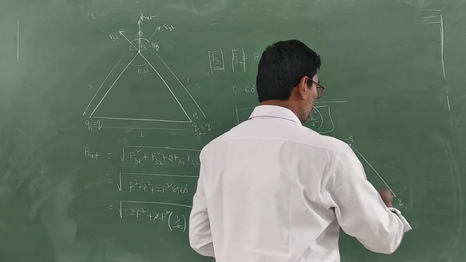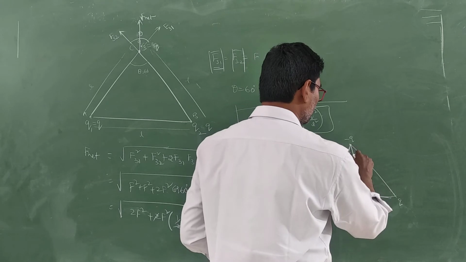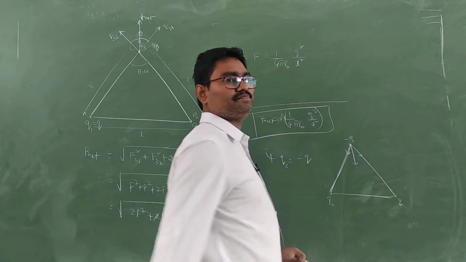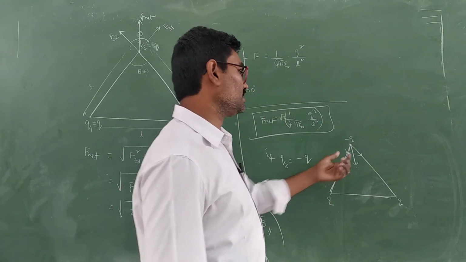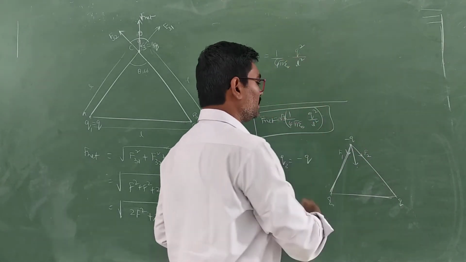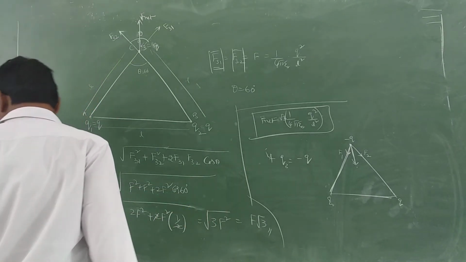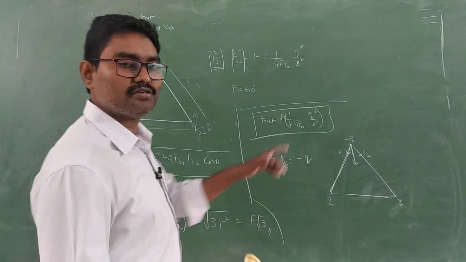This minus Q will be pulled towards Q1, and also towards Q2. So the resultant will be downward. This is F1, this is F2, both the same in magnitude, but direction wise reversed. So that is what you get for negative charges.